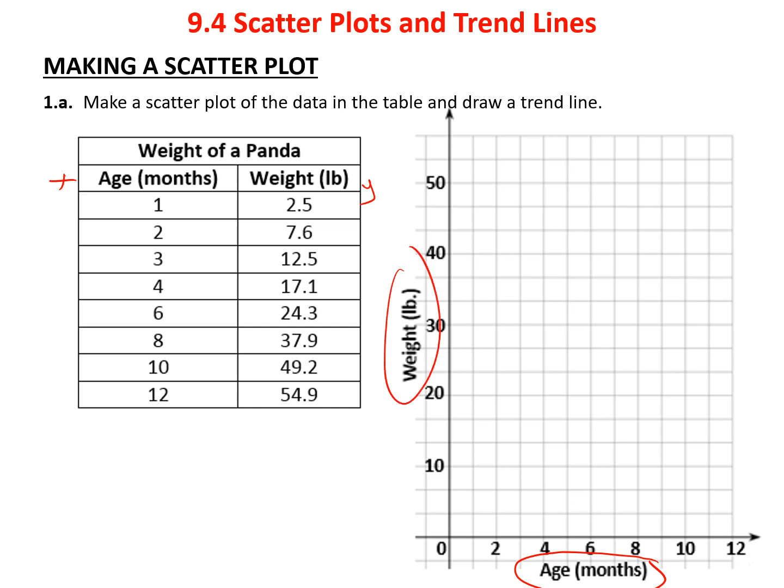At age 1, it is 2.5 pounds. At age 2, 7.6. 3, 12.5. 4, 17.1. 6, 24.3. 8, we have 37.9. 10, 49.2. And 12 is 54. So that's our general scatter plot.